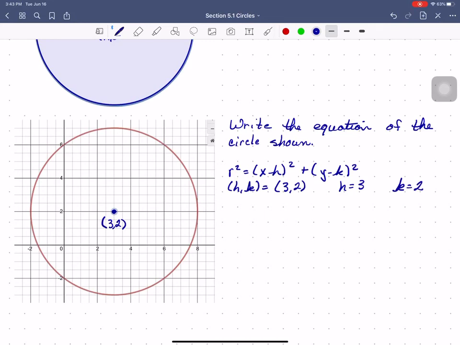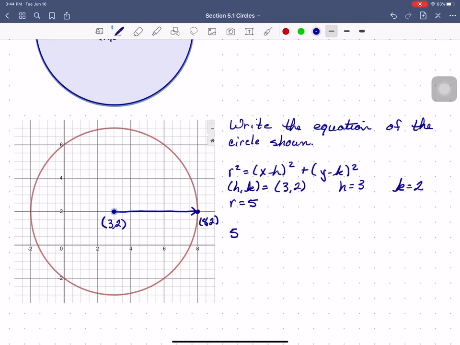My radius, I can just move horizontally, and since I can read the coordinates of this point right here as (8, 2), I know the distance between those is just going to be the difference in x's because the y's are equal. So my radius is 5.